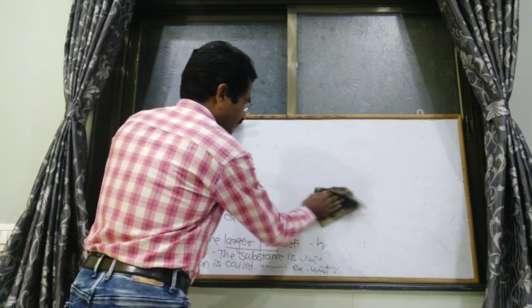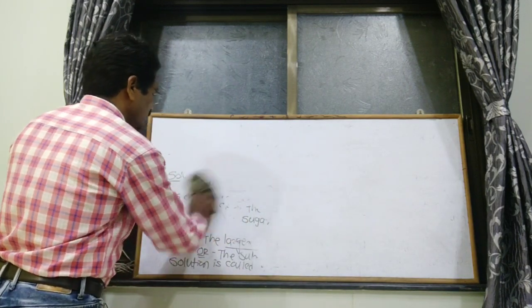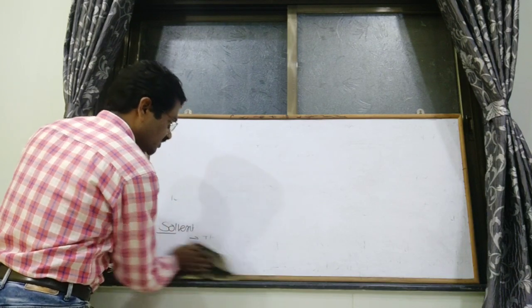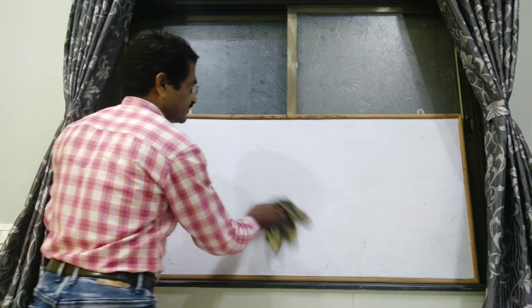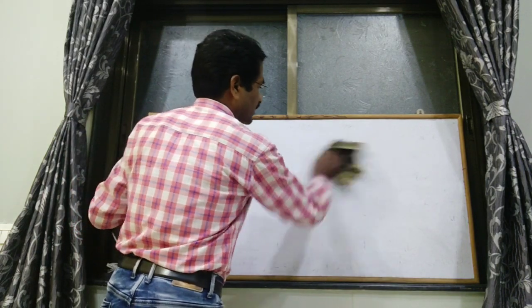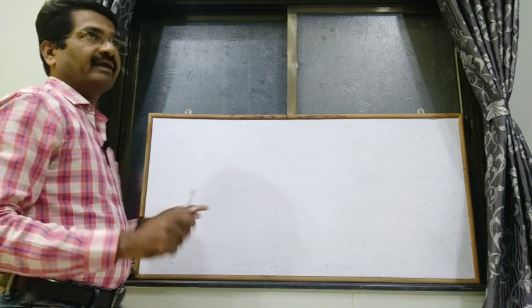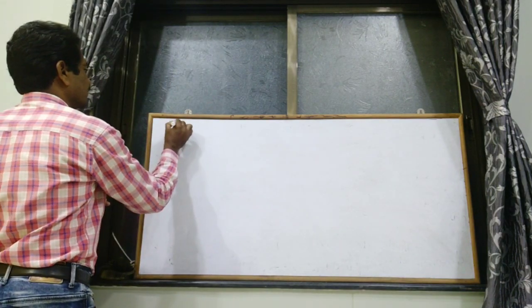Depending upon the physical states of solute and solvent, the solution gives 9 types. We know the physical states of matter, that is solid, liquid and gas. So, types of solution.